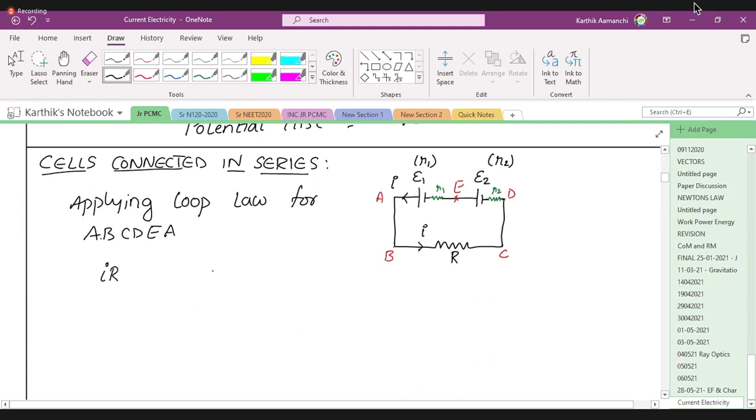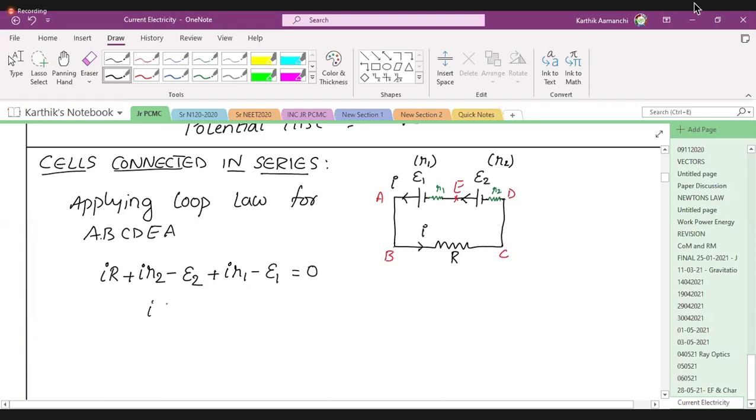So plus IR2. From here to your cell, potential drop or potential rise? So minus epsilon. From here to here, potential drop or potential rise? Potential drop. So plus I R1. From here to here, potential rise or potential drop? Potential rise. So minus, equal to 0.